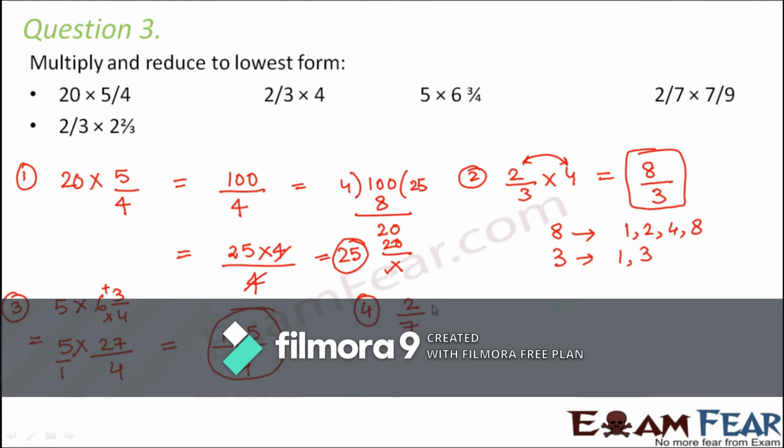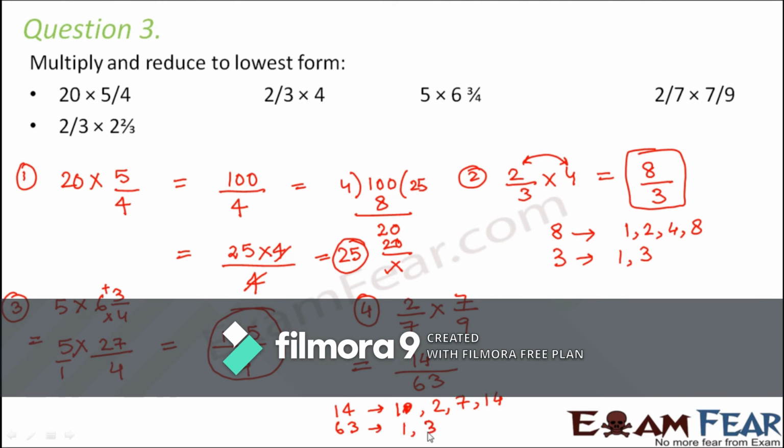Question number 4, that is 2 by 7 into 7 by 9. In this case, we will do the same. 2 into 7 is 14 and 9 into 7 is 63. So here let us find the common factors. For 14, the factors would be 1, 2, 7, 14. And what about 63?